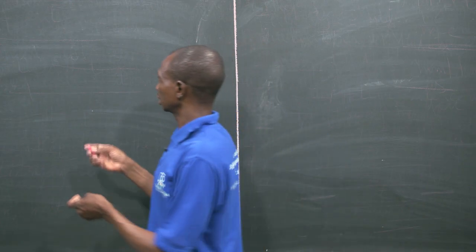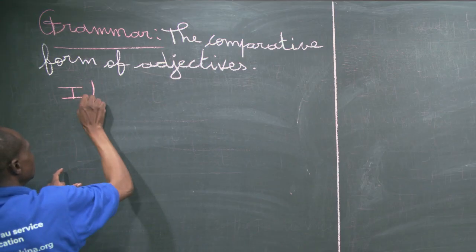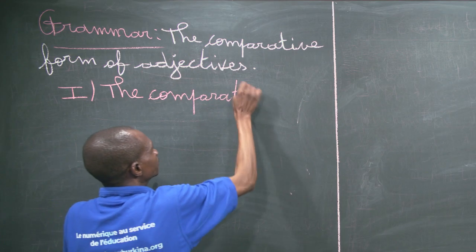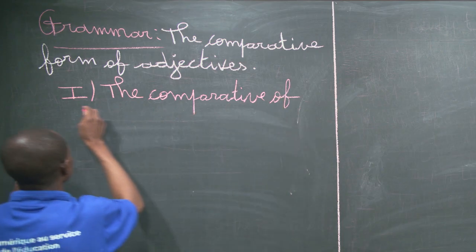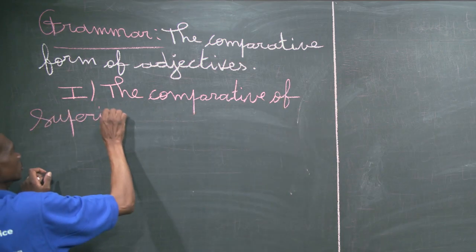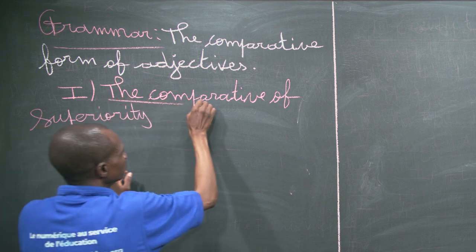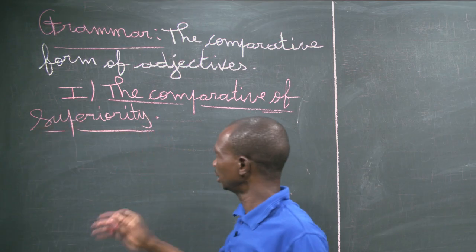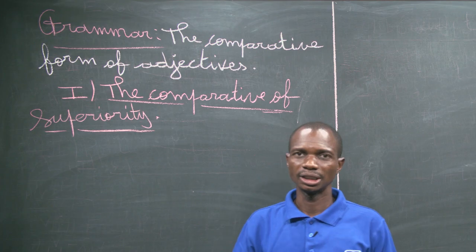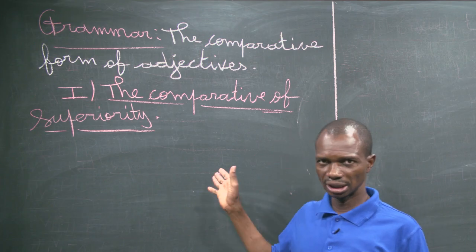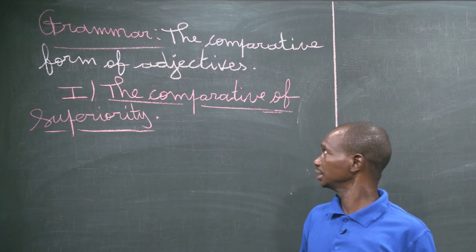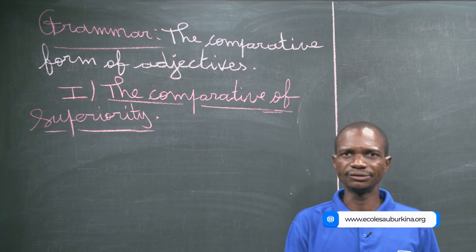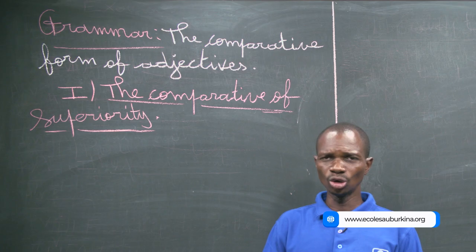So let's write the big one, the comparative of superiority. Here, let's explain what an adjective is. Then we are going to divide it into two parts and explain the short adjective and the long adjective, because we have to know the difference.